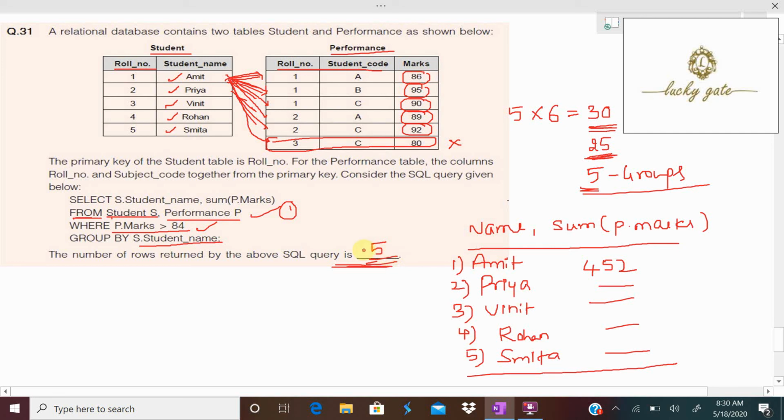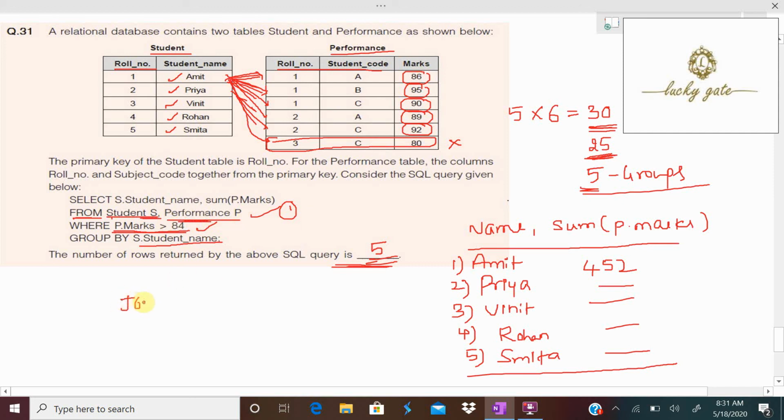And here one small confusion is added in this question. If a student gets confused, then the student may get some different answer. Why? Because in the where clause, only one condition is mentioned, P marks greater than 84, and here there is a Cartesian product of student and performance, but there is no join condition mentioned.